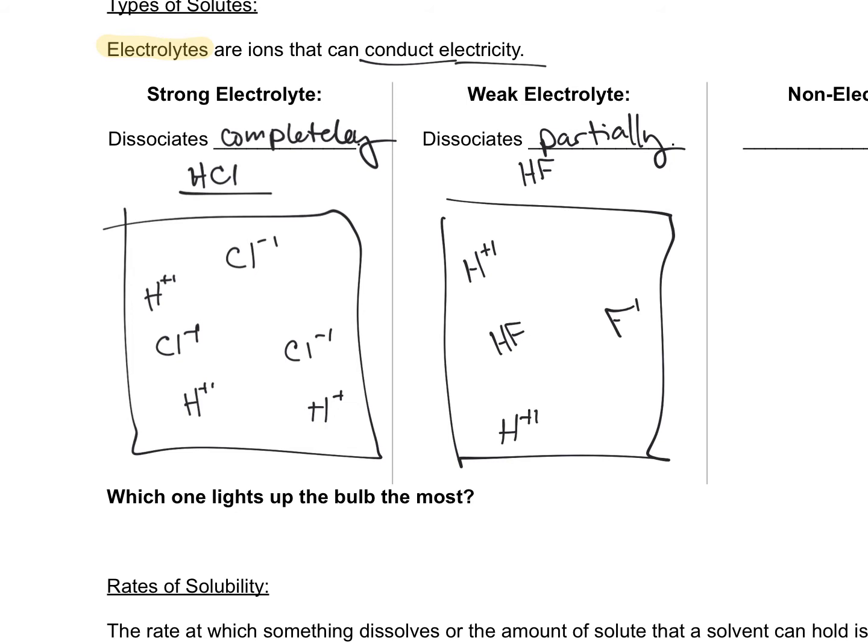So because some stay together, it can't conduct electricity as well because some of them are still together, not in ion form, so they don't completely dissociate, but they do somewhat, so they can still conduct electricity, but not as well. So our first one, the strong electrolyte, will have a very bright light bulb.